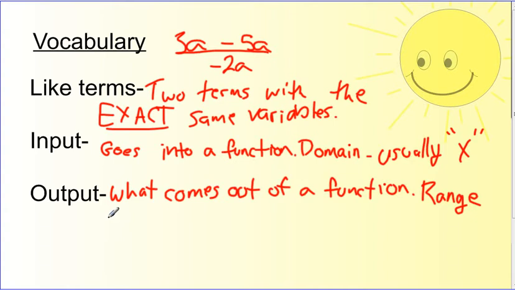And it's usually the y variable. So those are vocab words from chapter 1 when we're talking about functions a great deal there. Functions are going to come back periodically throughout the year, so just don't forget the stuff.